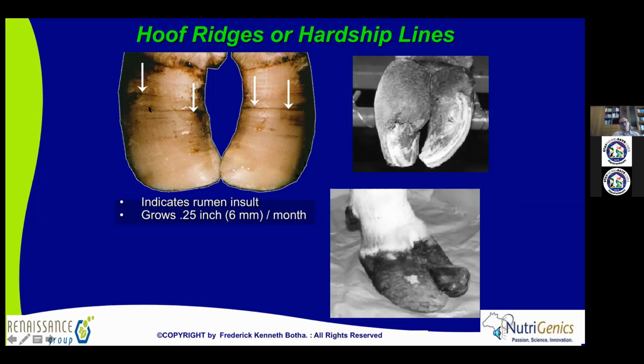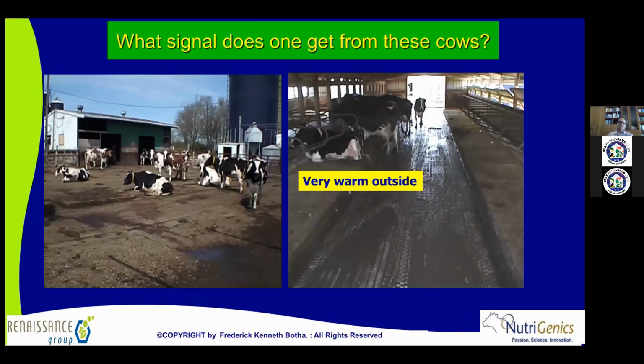So I need to do something about the diet, as well as how they manage that diet and how they feed their cows, to make sure that we don't see those lines, which are due to inflammation. It can give us a lot of information about how they feed or manage their cows.